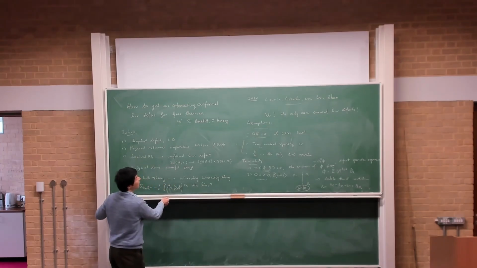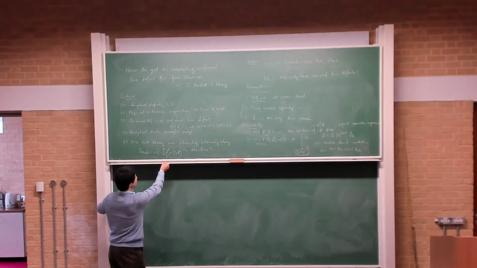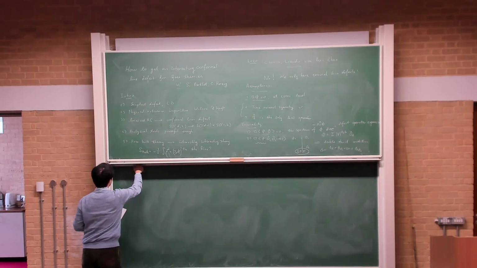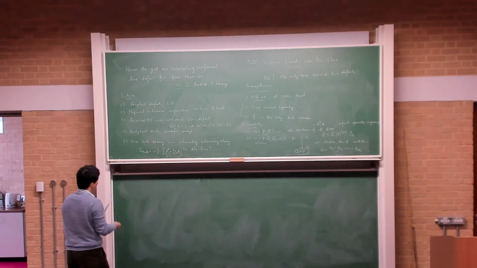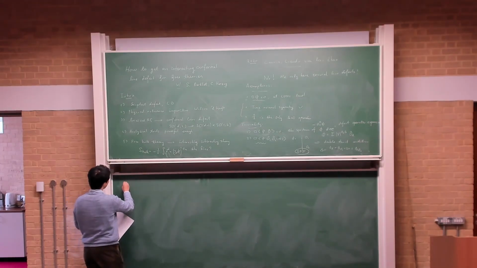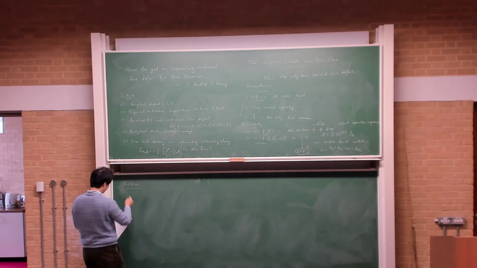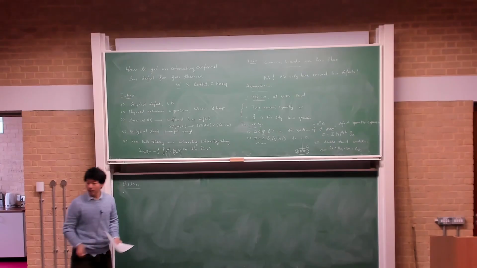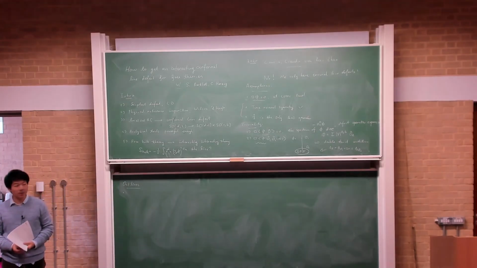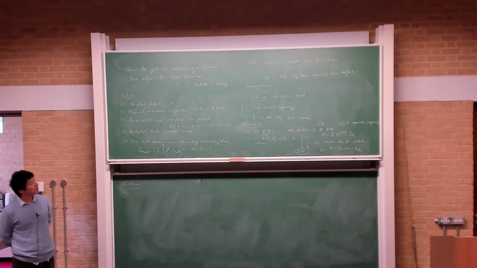So the outline of my talk, or our result, will be as follows. First, I think in this case, the delta 0 is of bosonic type.